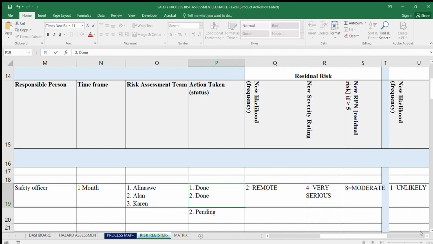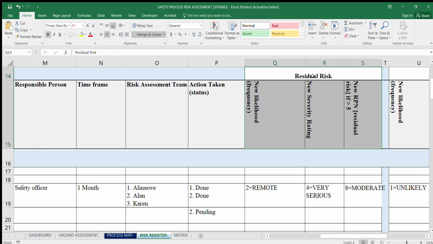Now let's look at review. So under these columns, starting from where it's written residual risk, this is where you are doing your review for each of the scenarios. Depending on how long you've defined to say you'll be revising your risk assessment, or looking at the risk assessment mitigations, you need to come back now to the register and check whether or not this risk has reduced.